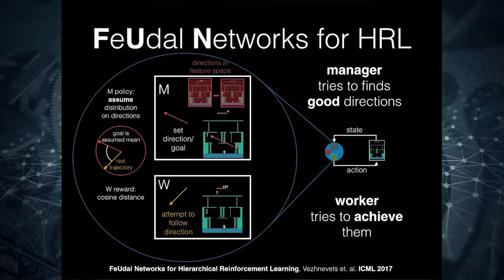Here there is, again, a separation between a meta controller or a manager and a worker. And they call it feudal. It has some history. Geoff Hinton did some work back in the day which follows this idea, but not like this with deep neural networks.